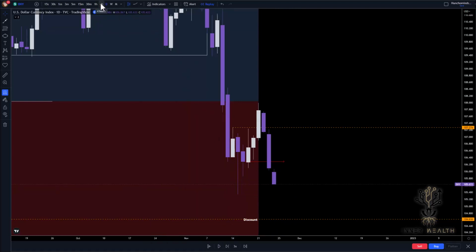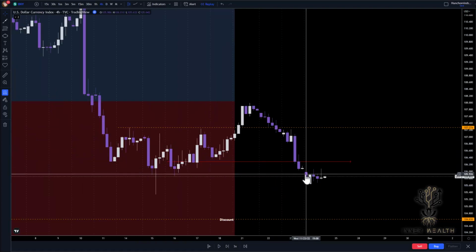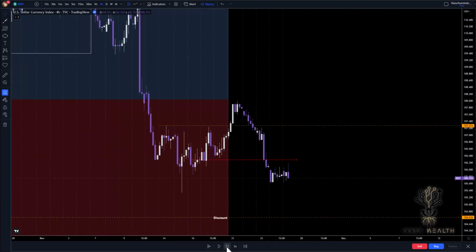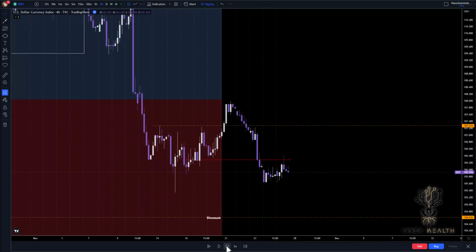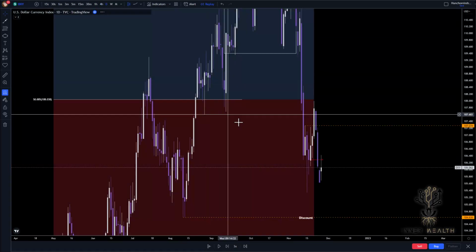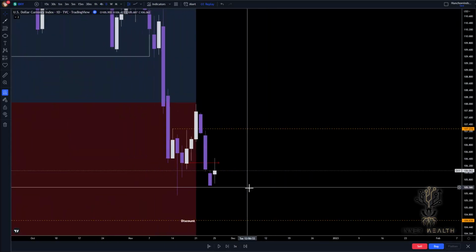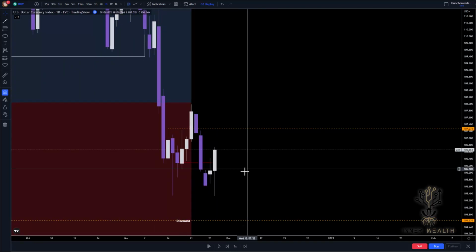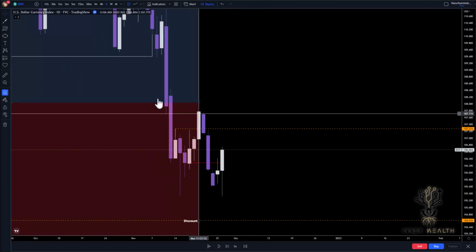So now we're going to look for accumulation here on the 4-hour to take place below these lows. And once we get a nice accumulation below these lows, then you can anticipate some bullishness back into here.